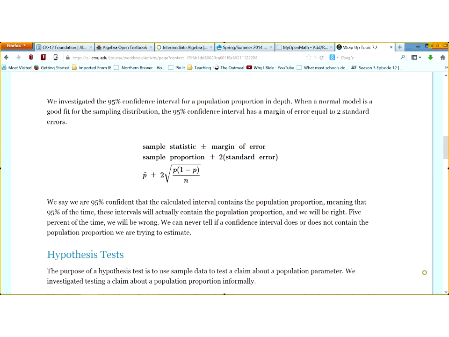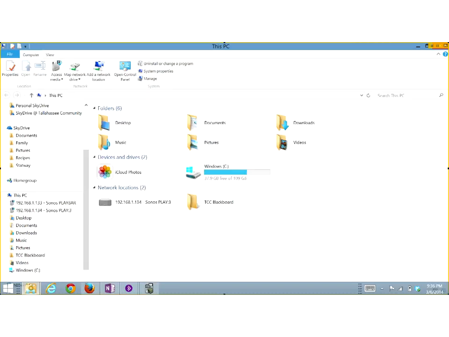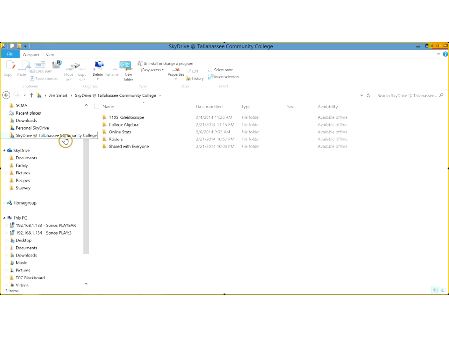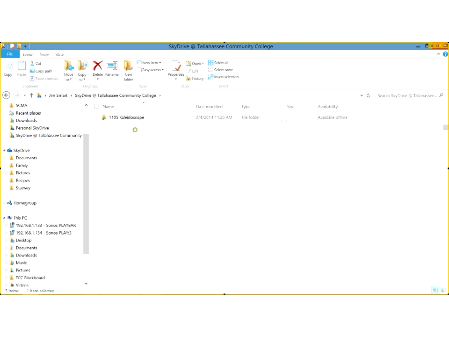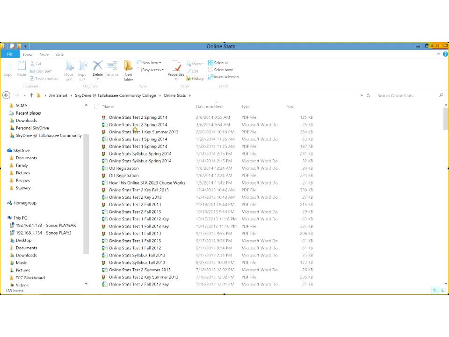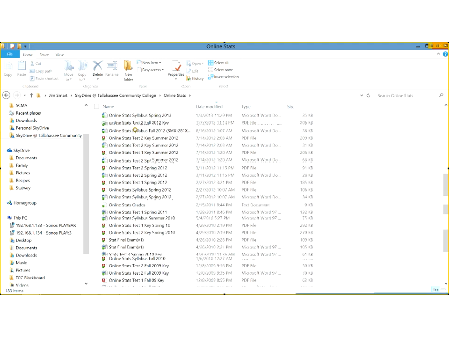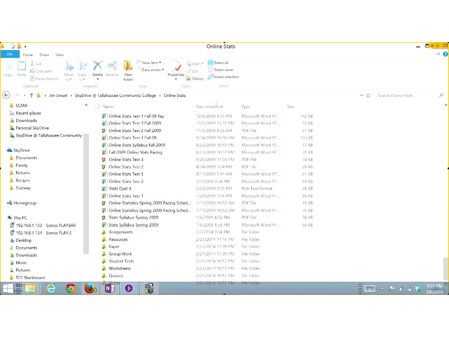And they follow a bell curve if NP is greater than or equal to 10 and N(1 minus P) is greater than or equal to 10. So if we think about the quiz, I can even bring up the quiz, though I'm not going to go over it too much. Actually, let me bring it up through Blackboard now that I think about it.